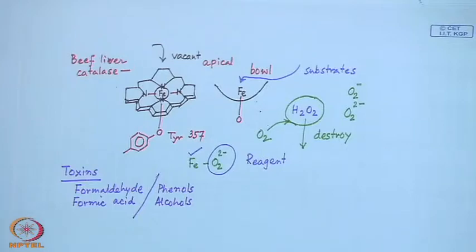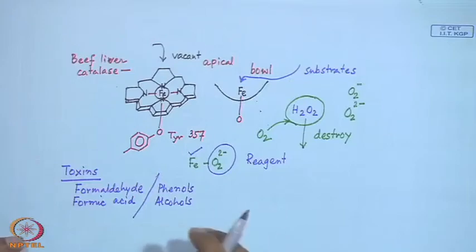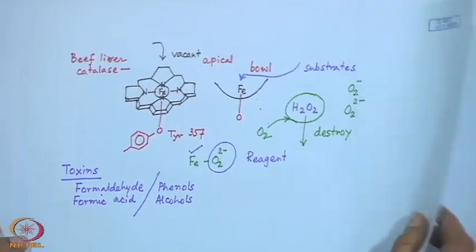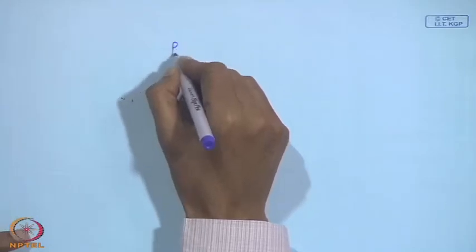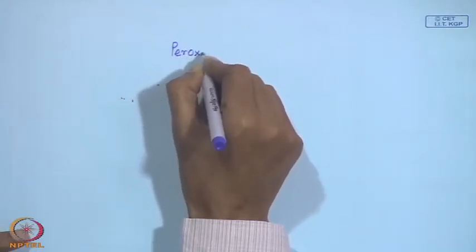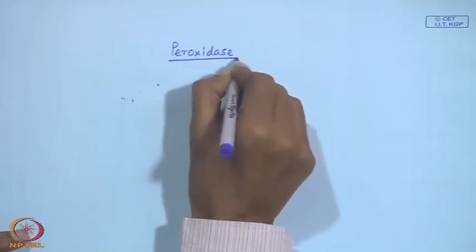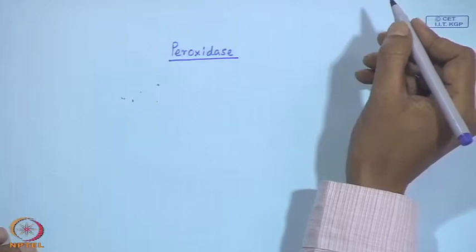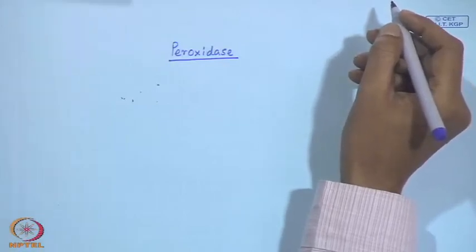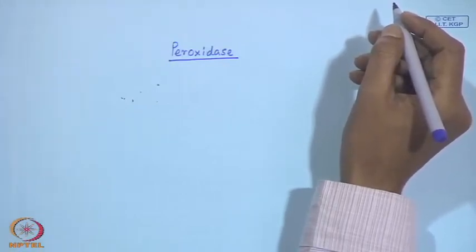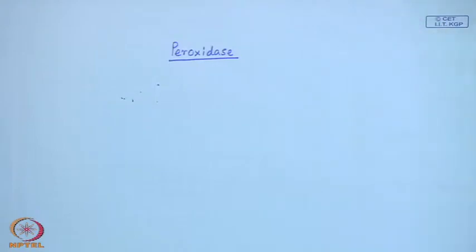For different species, when you use that catalase activity, we have the iron porphyrin site, and when we go for the corresponding peroxidase, the solution study is also very simple. Peroxidases are available everywhere, starting from plants.